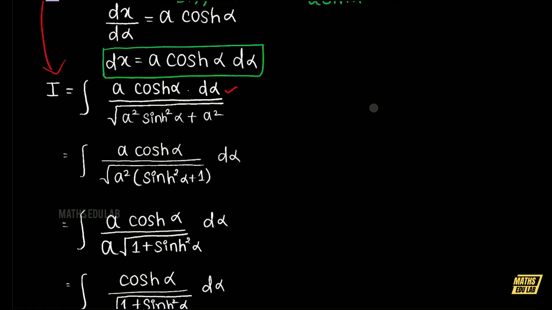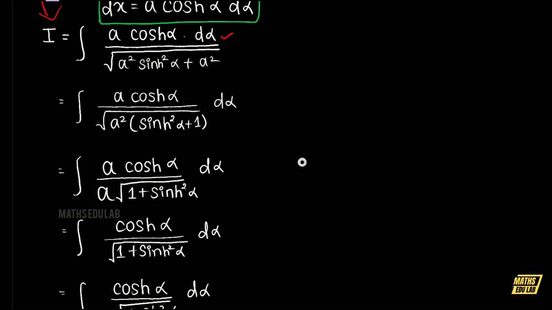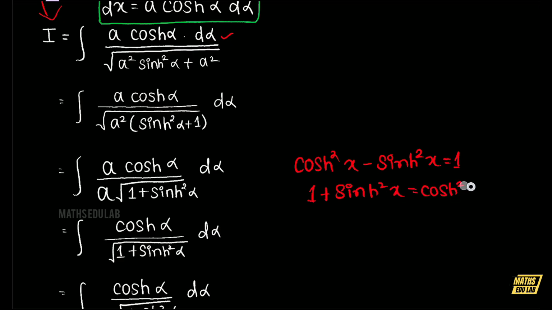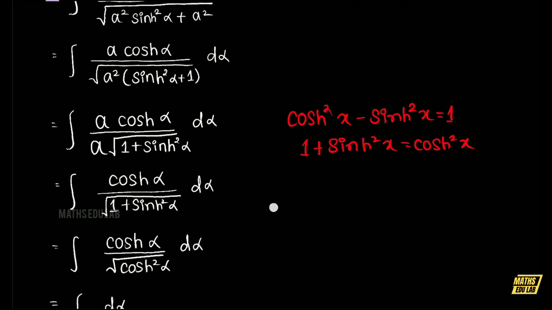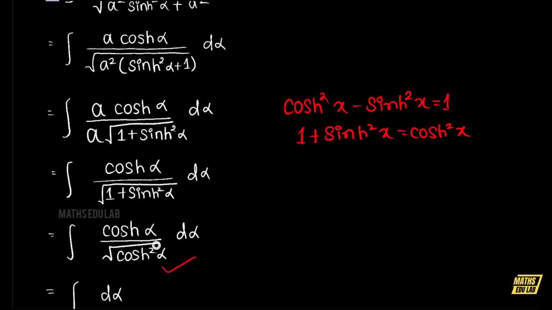Then I have taken a square as common and used the formula cos hyperbolic square x minus sine hyperbolic square x equals 1. Here in alpha form it is 1 plus sine hyperbolic square alpha, and 1 plus sine hyperbolic square x equals cos hyperbolic square x. So I have written this step as cos hyperbolic square alpha.